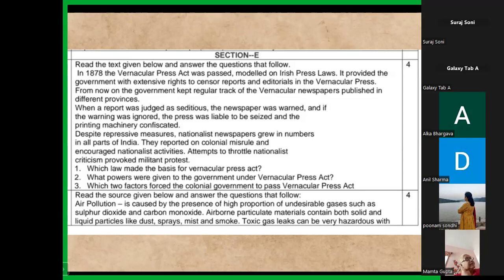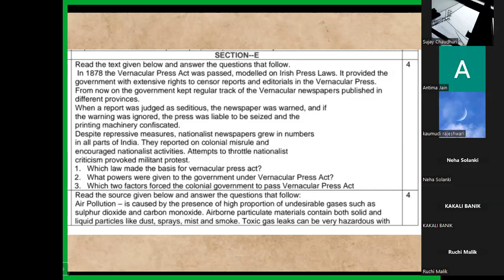Also, one thing that I came across this time: when you are looking at the sample question papers, please do not go by the misnomer that whatever source is given in the sample paper will be there in the board exam also. The earlier SQP did not have a source from civics, but this year's board paper had a source from civics.